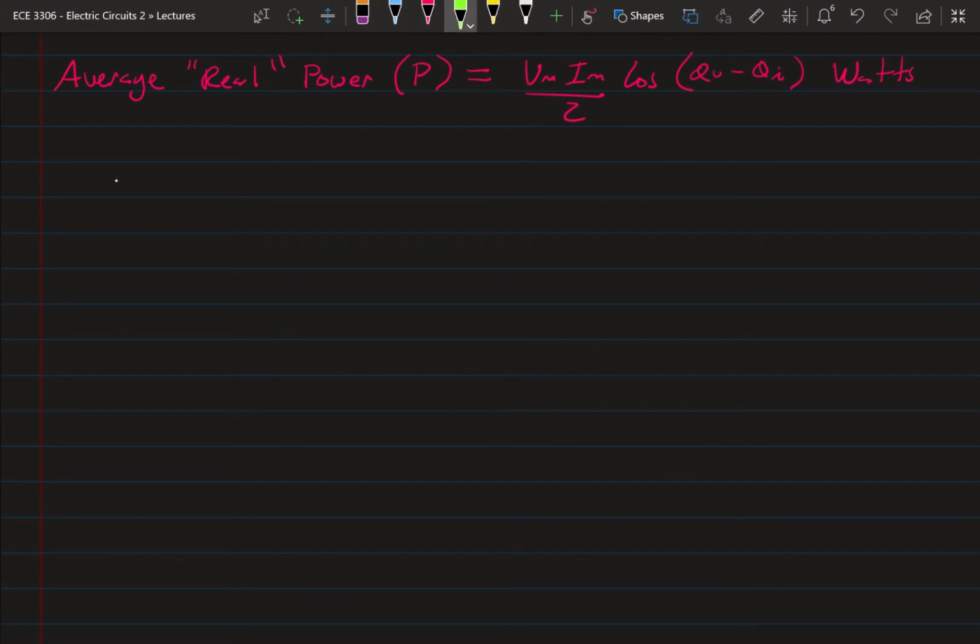Its counterpart is the other component, with the sine. That is called the reactive power. You can think of it as the imaginary component of power.